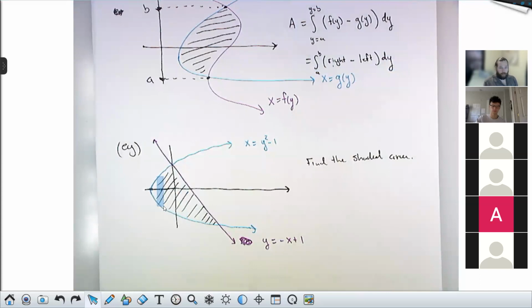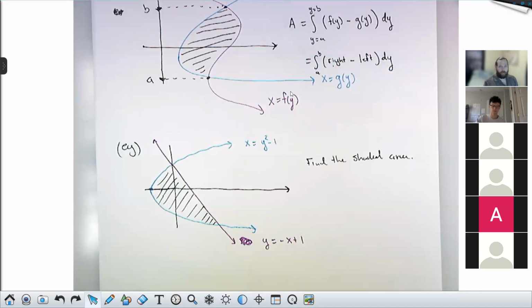That's weird. On the other hand, if I think right and left, the purple is always to the right of the green, no matter where I look. So the purple is always the right, the green is always the left. That tells me I should set it up this way. There is a well-defined right function and a well-defined left function. There is not a well-defined upper function and lower function.